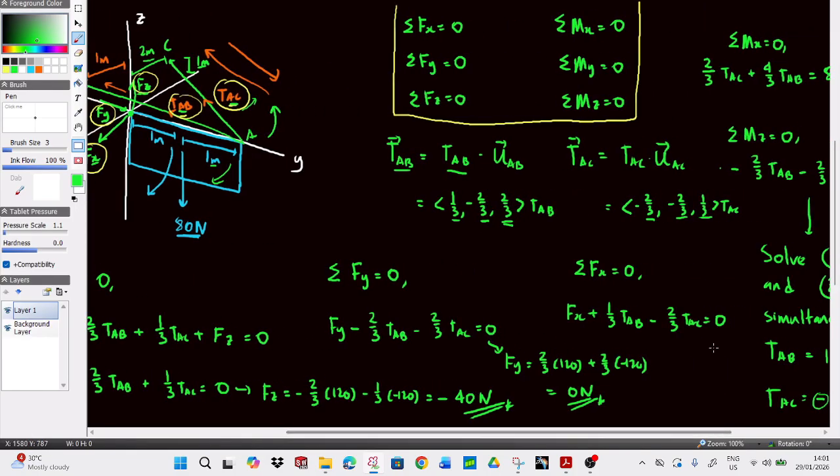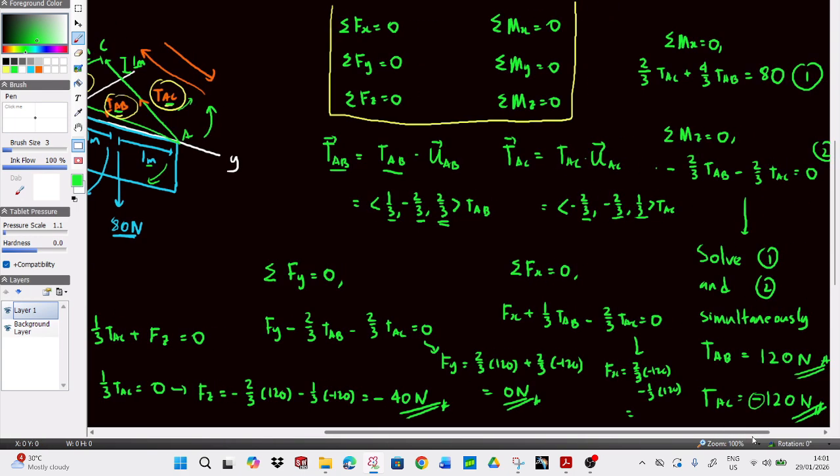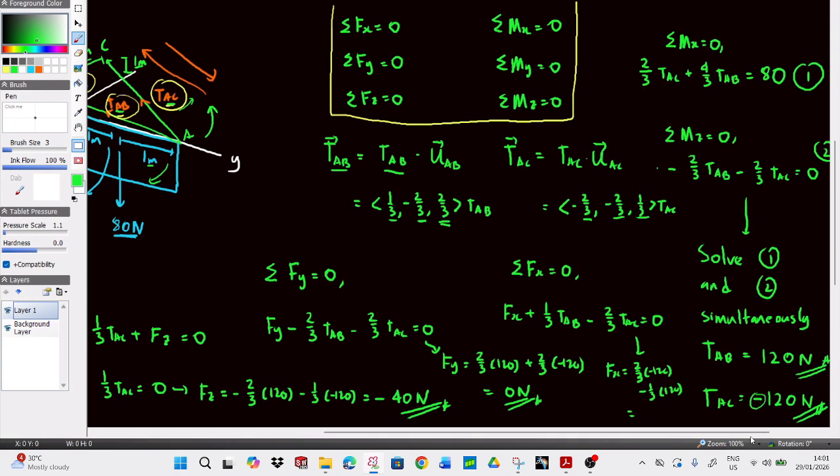And then your Fx, if you also substitute in, so Fx is just 2 over 3 times negative 120, minus 1 over 3 times 120. So how much would that be? TAC is, okay, so 2 over 3, negative 120, minus 1 over 3, oh sorry, 1 over 3 times 120. So it'll be minus 120.